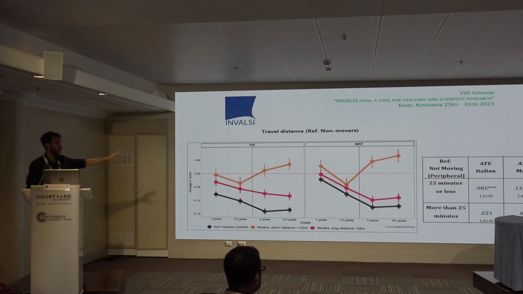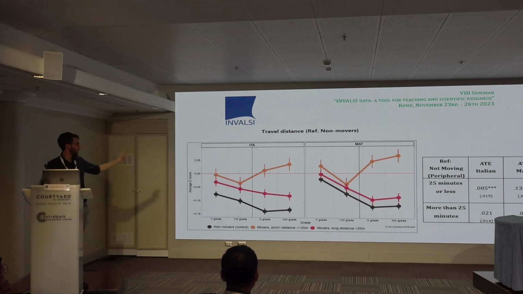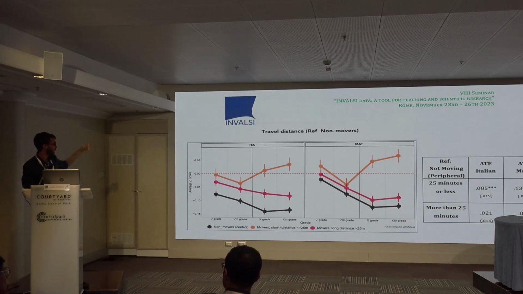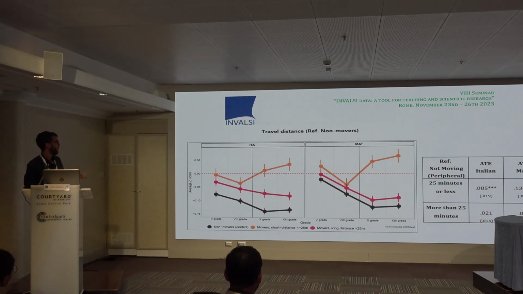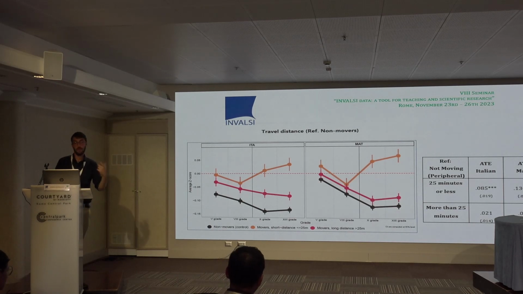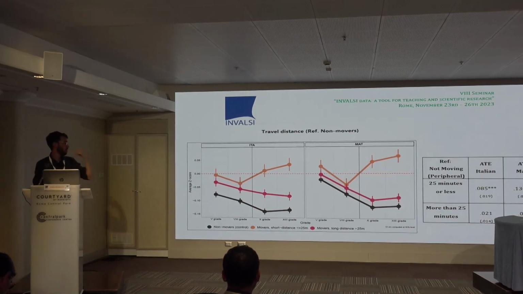The black line is always the control group, so the students who haven't moved, the yellow line are the students who move a short distance, with a road travel time of 25 minutes or less, and the pink line is those that move to a school 25 minutes or more away, so a long distance.